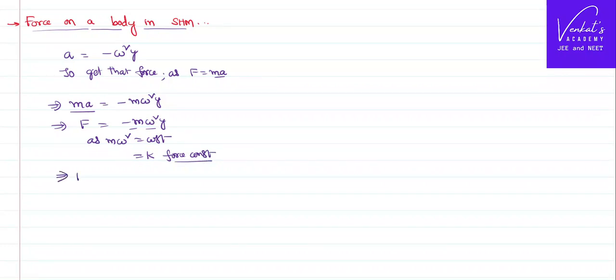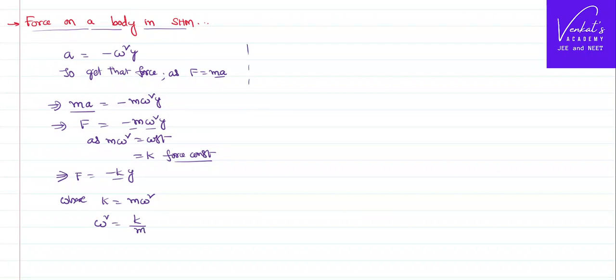So you can rewrite your equation as F is equal to minus ky. Of course, k is constant, so that the body is in simple harmonic motion is another way of representing it, where k is equal to m omega square. From here, I can further write omega square is equal to k by m.